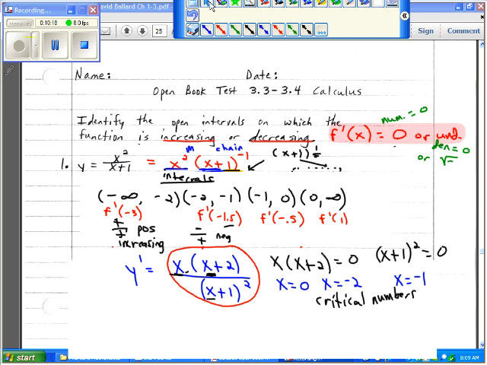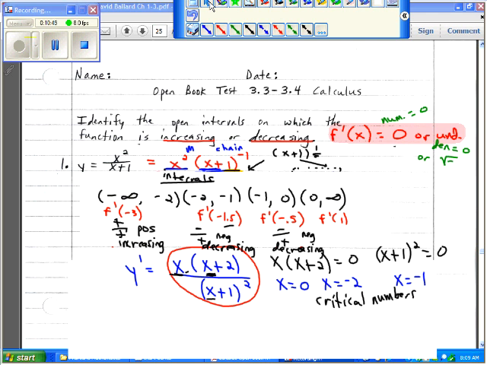If the derivative is negative, then that tells us that the function is decreasing. Okay. The negative 0.5 is going to give me a negative times a positive is a negative over a positive, which is negative. Therefore, we know that it is still decreasing.